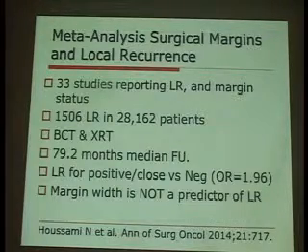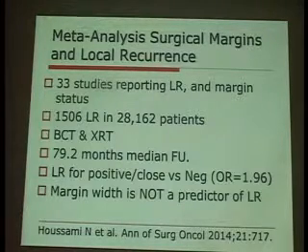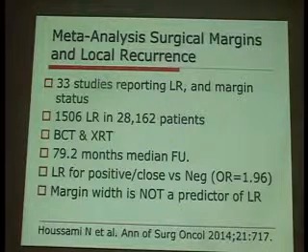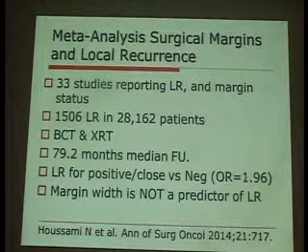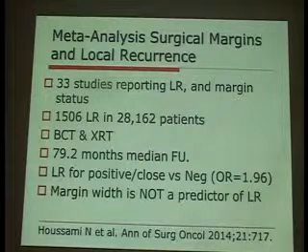The SSO and the ASTRO joined their efforts, and they commissioned Dr. Houssami to do a meta-analysis, and she reviewed 33 studies that reported on local recurrence and the margin size. These 33 studies included more than 28,000 patients, and there were 1,500 recurrences in those studies.